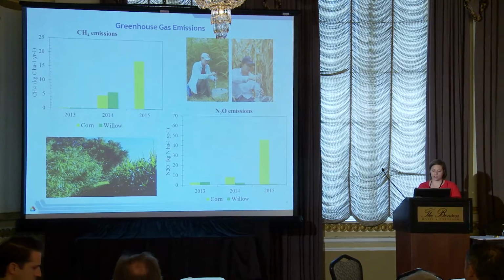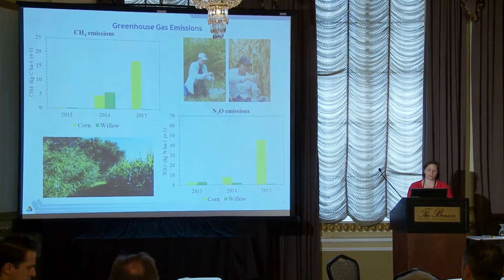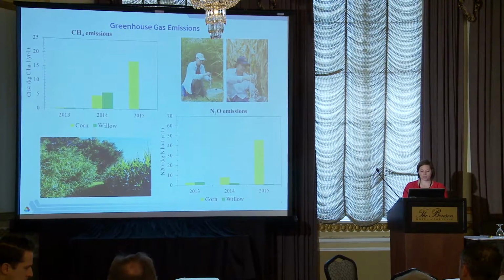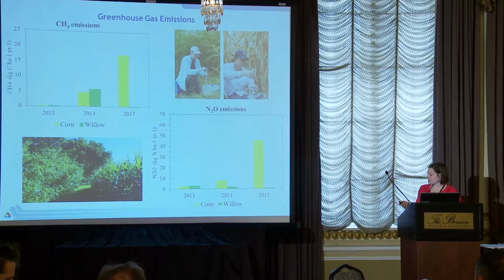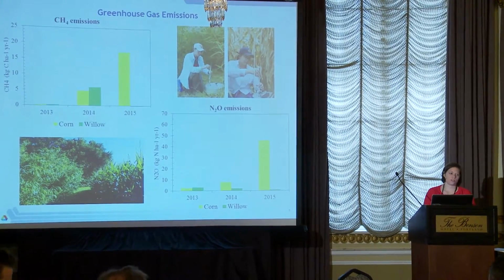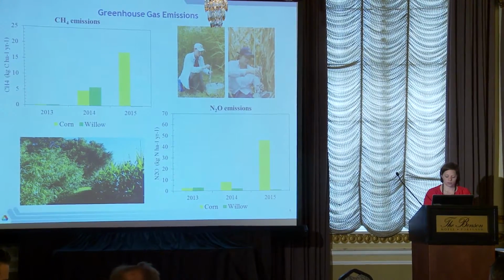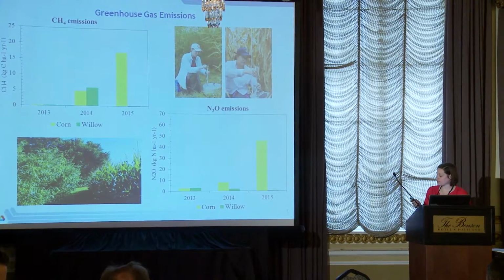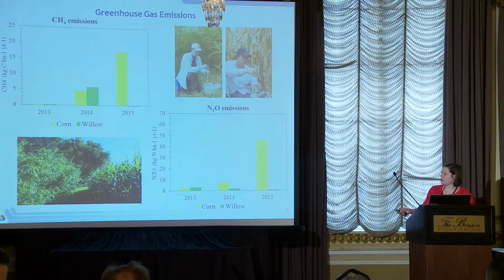For 2014 and 2013, there's no significant difference between both systems, and this increase over time we're attributing to an increase in precipitation between all of our years.